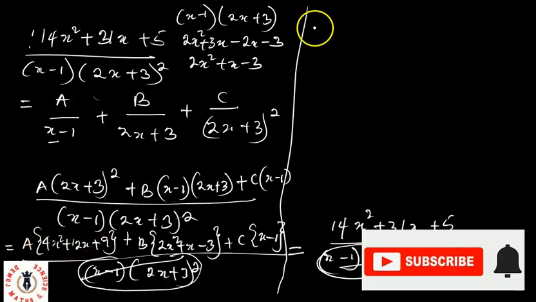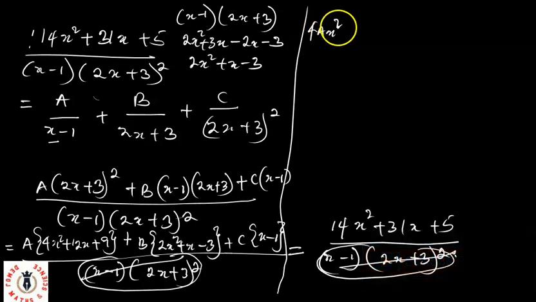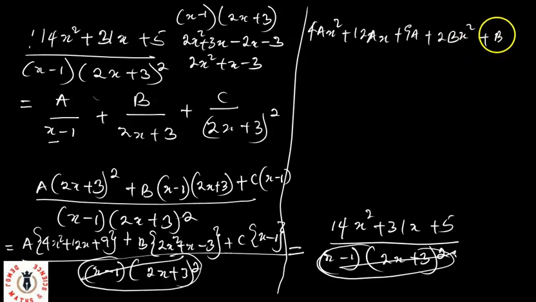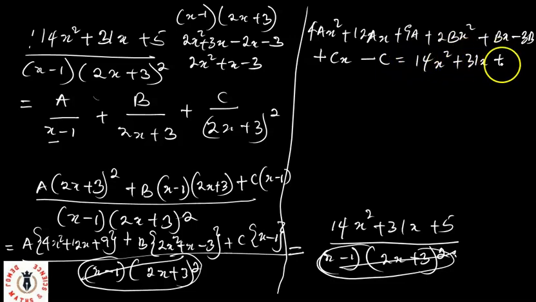I'll have 4Ax squared plus 12Ax plus 9A plus 2Bx squared plus Bx minus 3B plus Cx minus C equals 14x squared plus 31x plus 5.